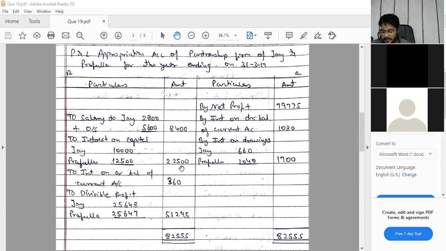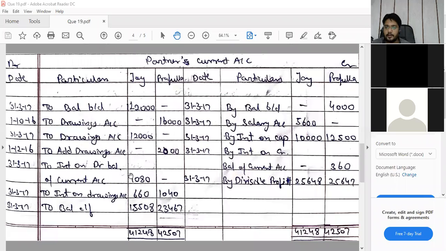Then in the second adjustment, it is given 9% on balance of current account. So we have to charge 9% interest on the balance of current account. So come to the current account. J is having debit balance. On the debit side, first we charge the interest.